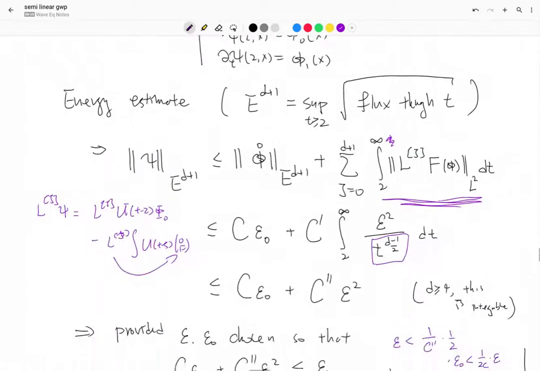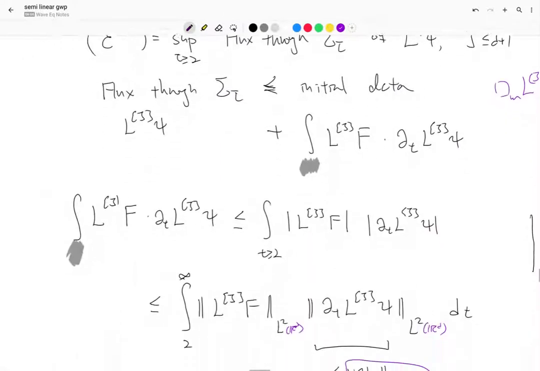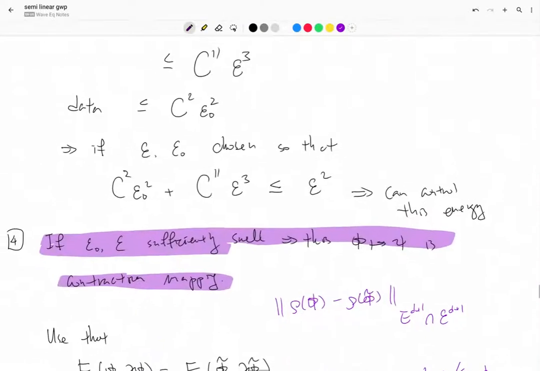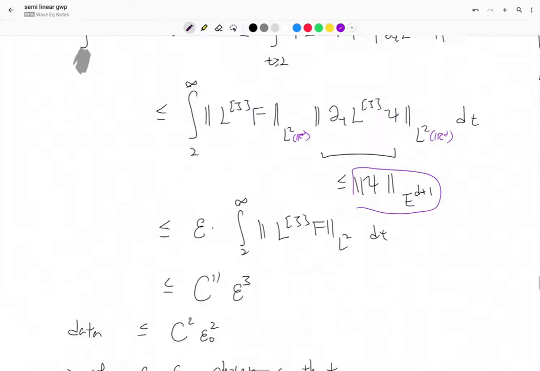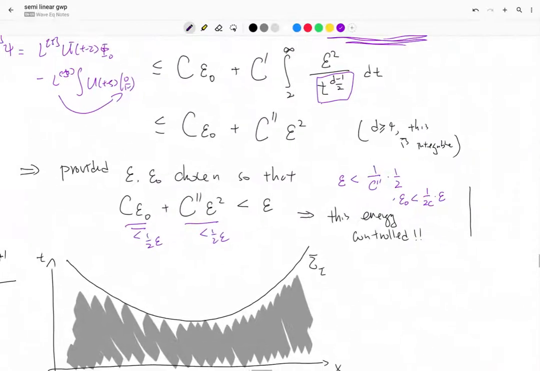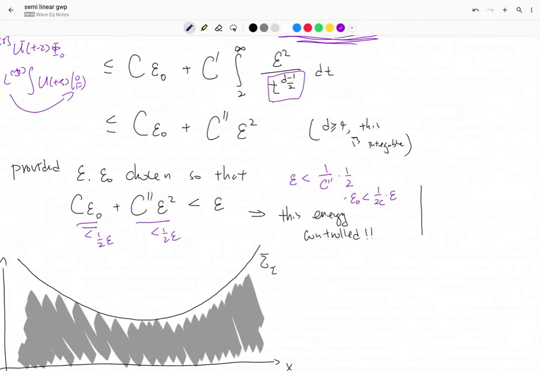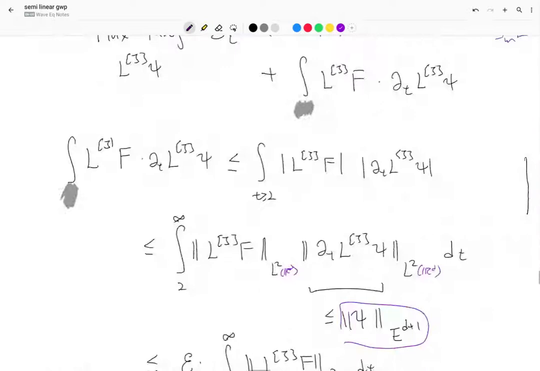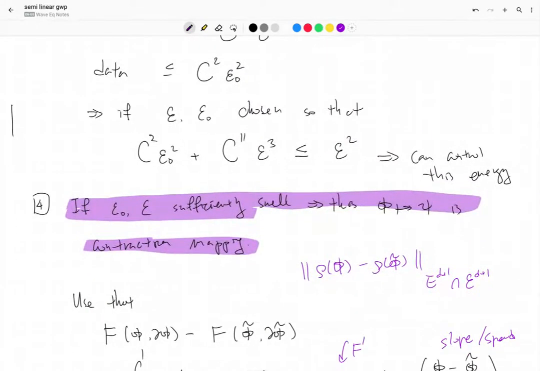Because over here, when we solve this inequality to get closure, I need to first choose epsilon and then choose epsilon naught to be smaller than something times epsilon. So epsilon naught is adjusted based on epsilon, and so by choosing epsilon sufficiently small down here, necessarily you have to choose epsilon naught sufficiently small.